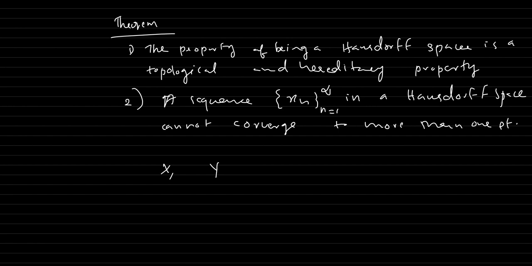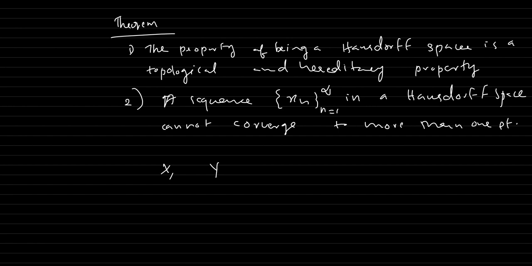So the Hausdorff property is a topological property, because if a space X is a Hausdorff space, then every topological space which is topologically equivalent to X is also a Hausdorff space.